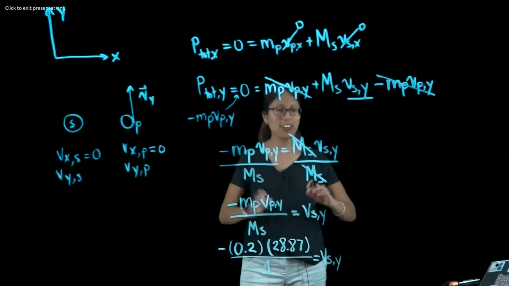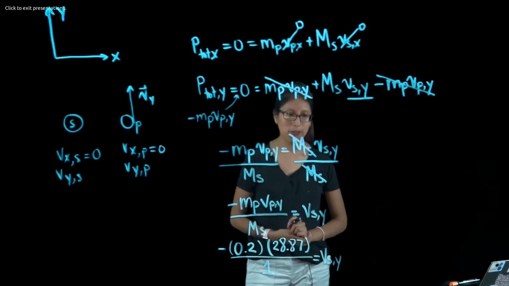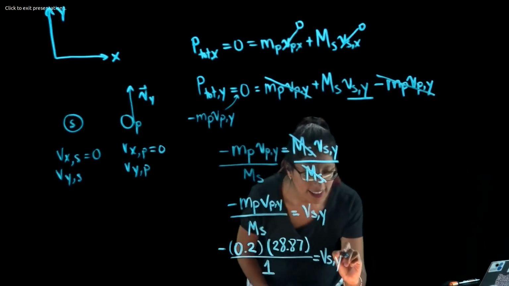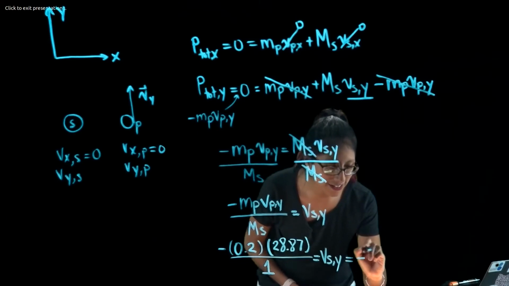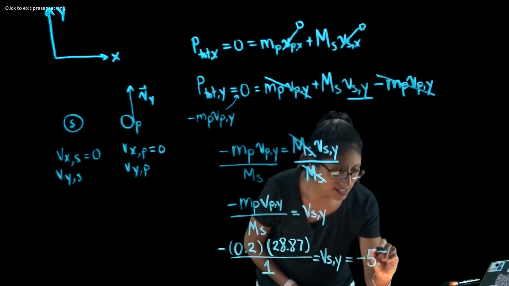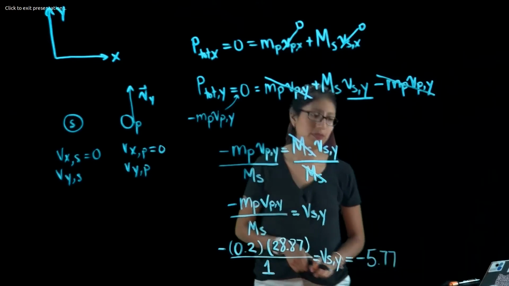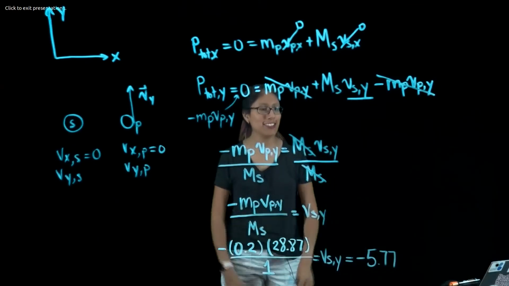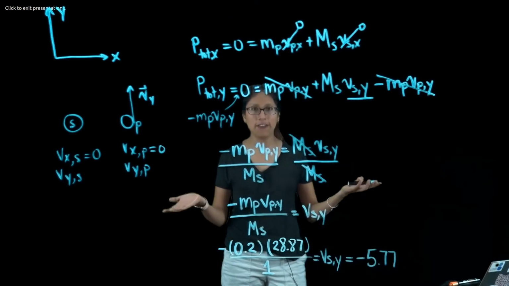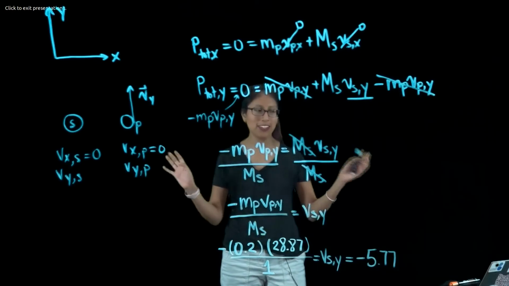So if we put this in our calculator, we can quickly find out that this is actually going to equal negative 5.77. So let's try this value and see if our sun drifts around in our code.